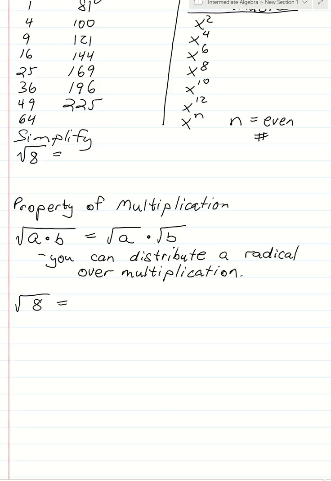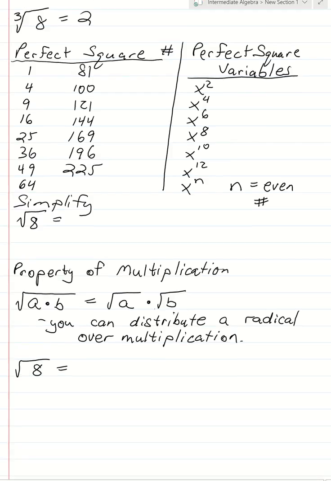We want to come up with two numbers that multiply to 8, and we want one of the numbers to come from this list of perfect square numbers. So we could say that the square root of 8 equals the square root of 4 times 2, because 4 times 2 equals 8.